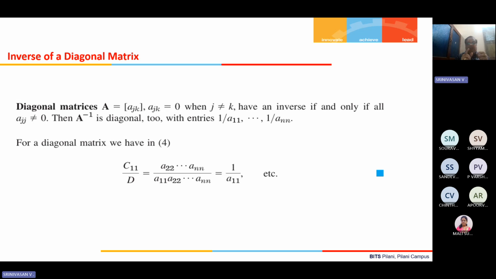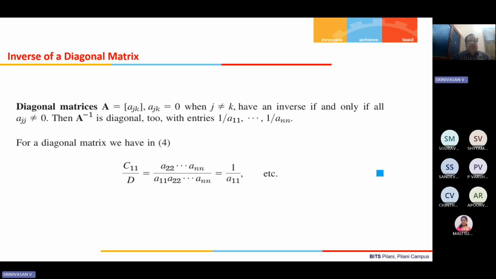Okay, that is very important. A diagonal matrix has only principal diagonal elements, and it can have an inverse only if those principal diagonal elements are all non-zeros.